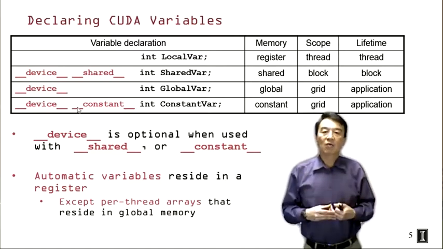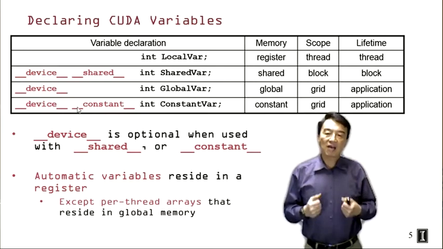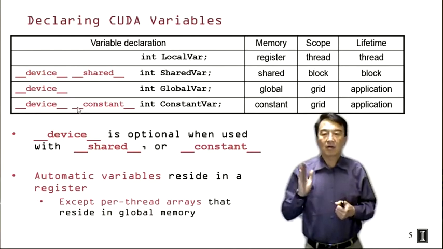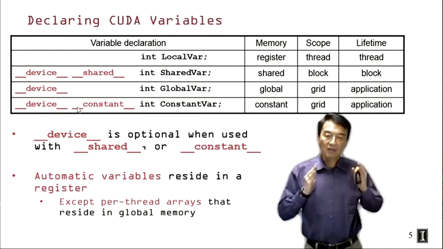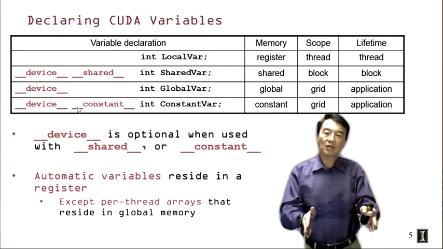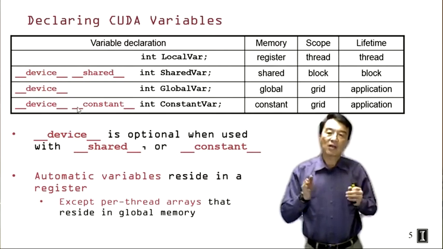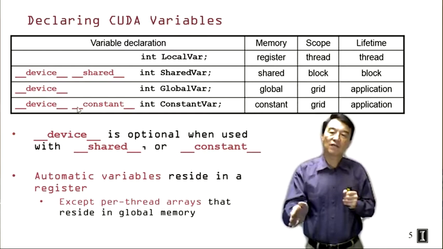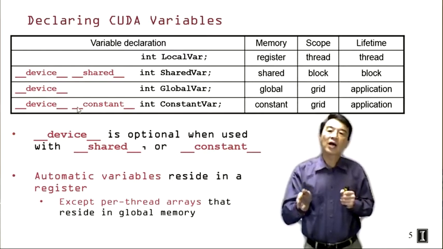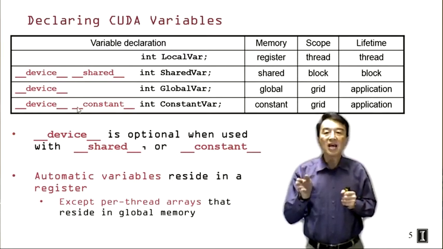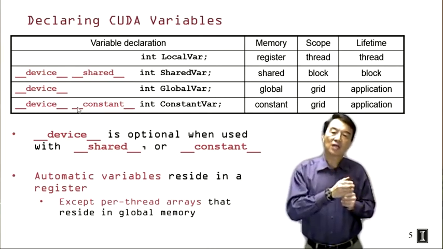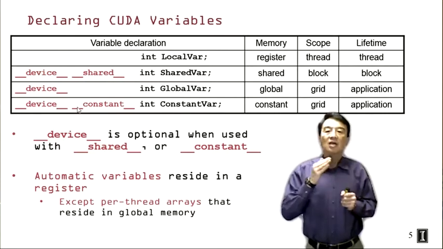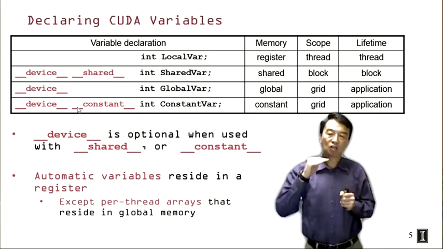But there's one important caveat to what I just said. Even though all the threads in a grid have access to that global memory, whenever a thread changes the contents of a particular global variable, the change may not be immediately made visible to other threads and other thread blocks until that kernel terminates.